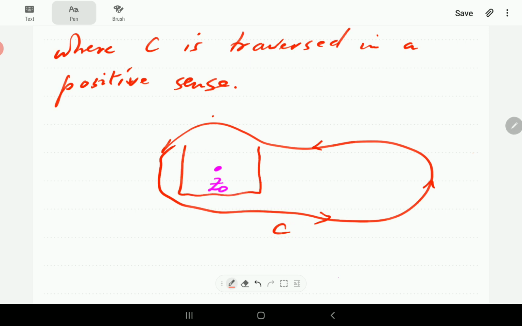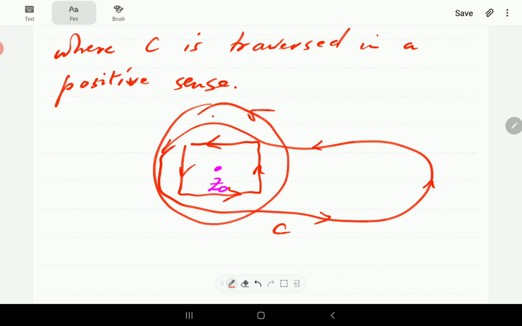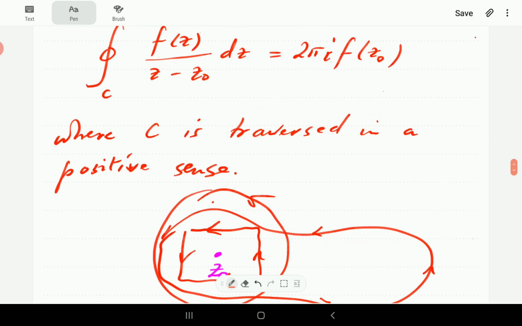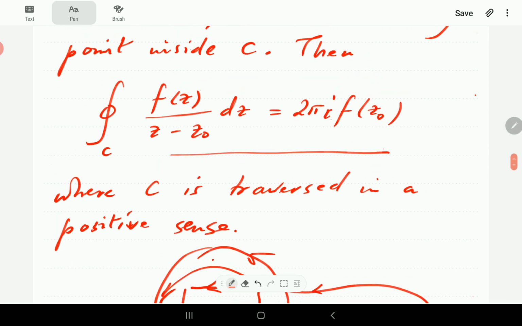It could be a rectangle like that, so long as the singularity is inside. It could be a circle, it could be an ellipse, it could be anything, any contour that is going to enclose that singularity or that point z naught is going to work for this result here.